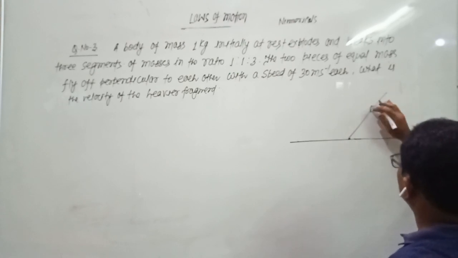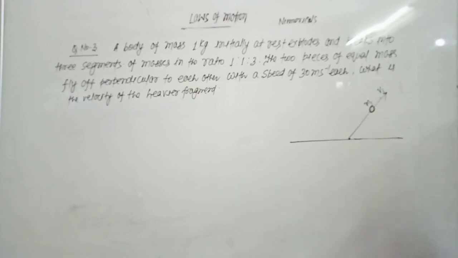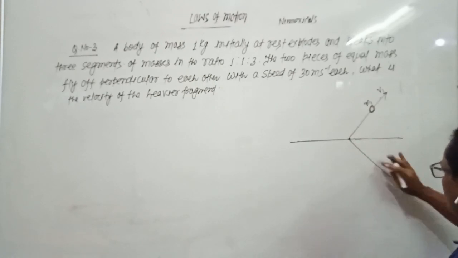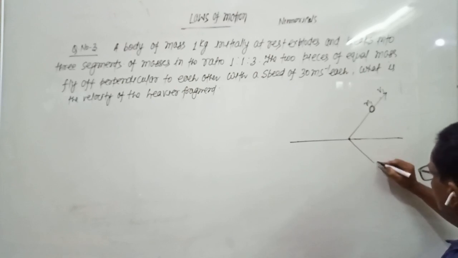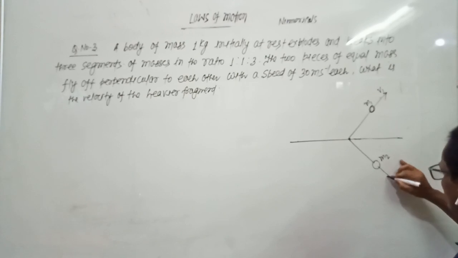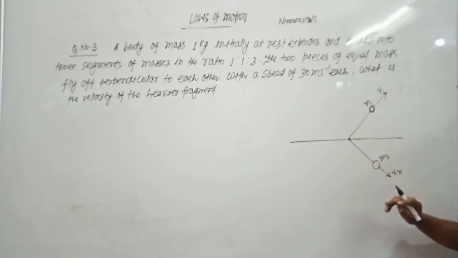The first segment having mass m1 flies at a velocity of v1, and another segment flies off in a direction 90 degrees to the first. This is mass M2, which flies with a speed of V2. They are perpendicular to each other.